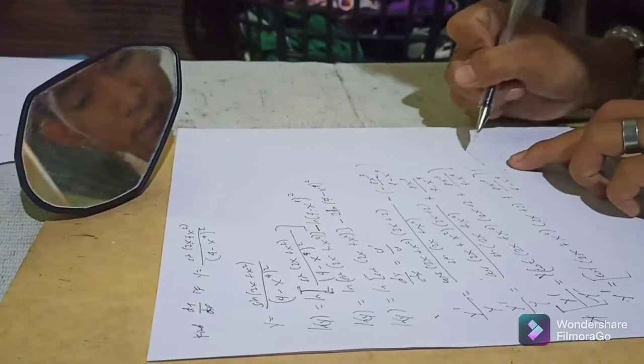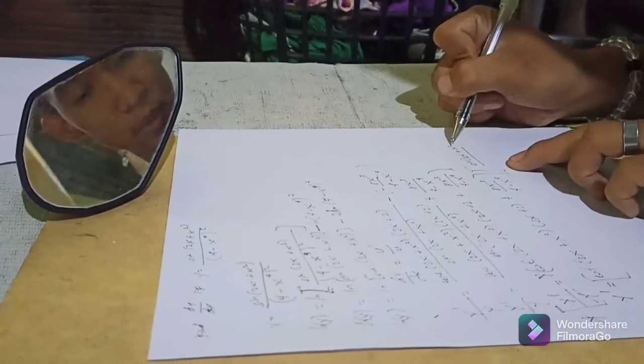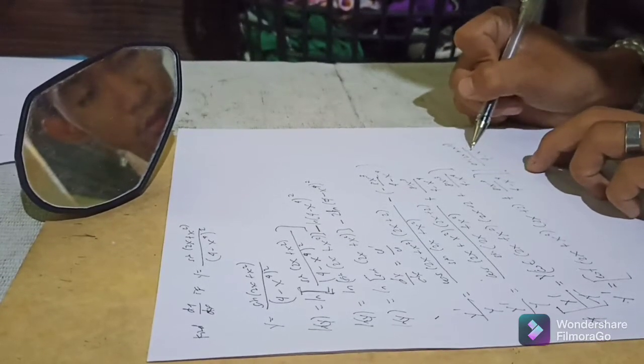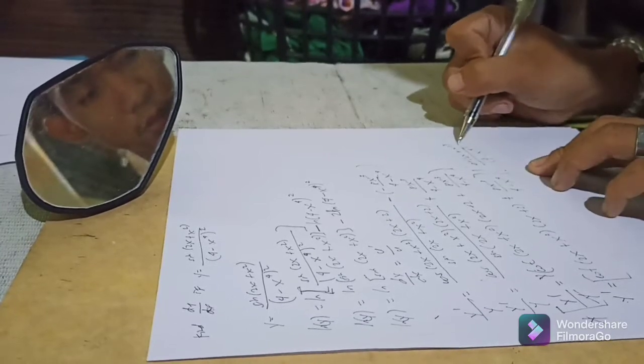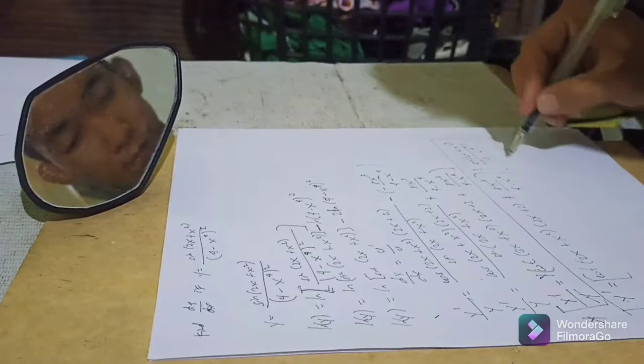Y is sine of 2x plus x squared over 4 minus x, the quantity squared. So this is the answer.